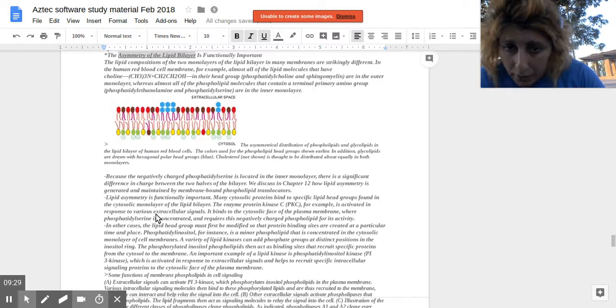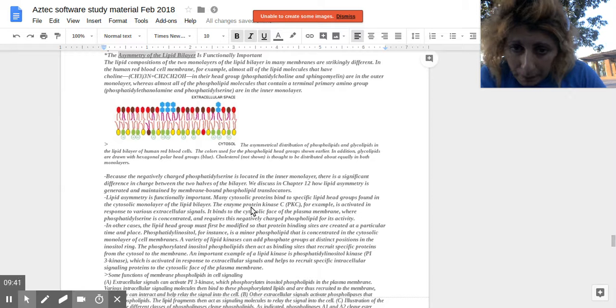This is functionally important. Many cytosolic proteins bind to specific lipid head groups found in the cytosolic monolayer of the lipid bilayer. For example, the enzyme protein kinase C, PKC, activated in response to various extracellular signals, binds to the cytosolic face of the plasma membrane where phosphatidylserine is concentrated and requires this negatively charged phospholipid.